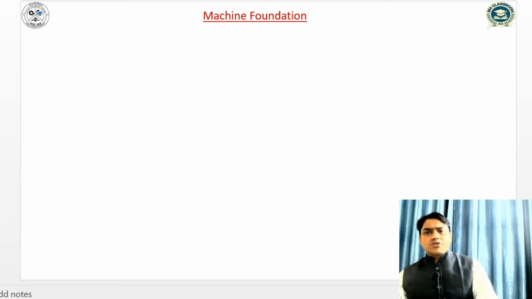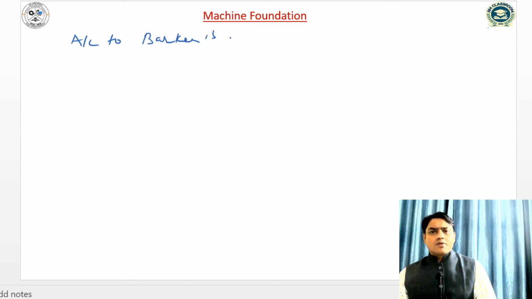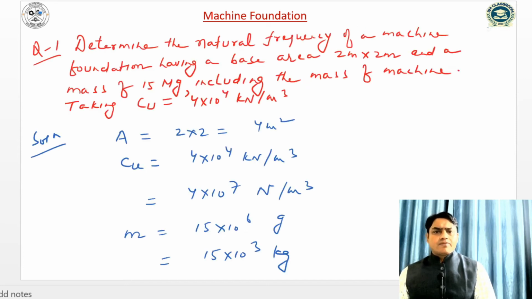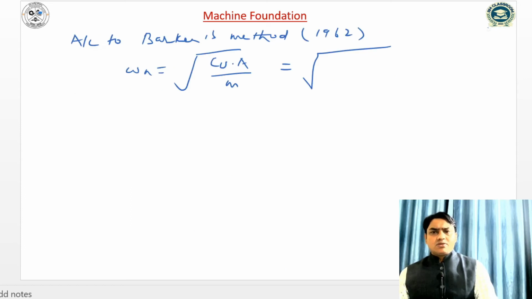So according to Barken's method, omega n is equal to square root of Cu A divided by m. Cu is 4 into 10 to the power 7, area is 4 and the mass is 15 into 10 to the power 3.